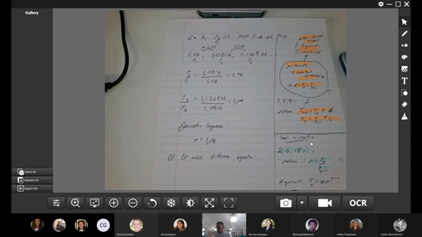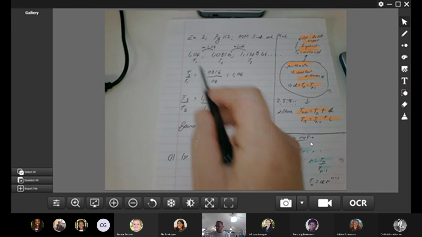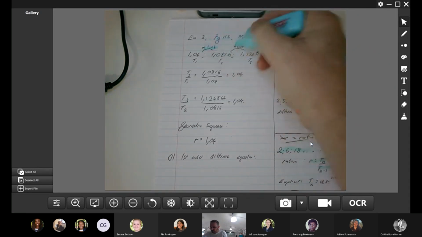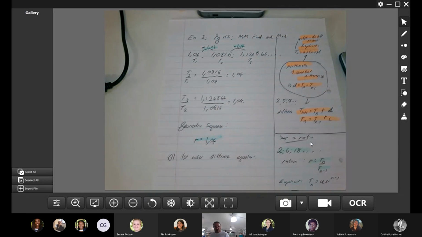It's when you use the term before to determine the next term. So what are you doing in this sequence to get from one term to the next? I'll give you a clue, I've highlighted it in blue. You're multiplying by 1.04. That's what you're doing to get from one term to the next.